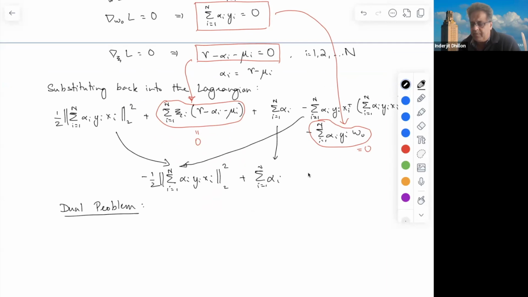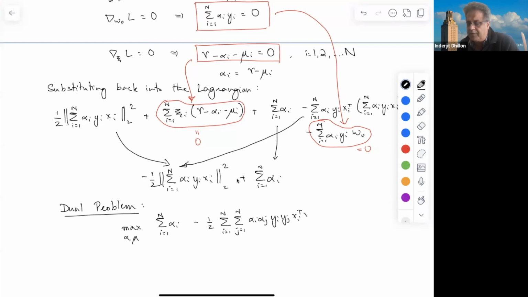And the dual problem then becomes, remember now I'm going to maximize with respect to my dual variables. What are my dual variables? They are alpha and mu. And so I have summation of alpha I, I equals 1 through n. I'm just copying it from here. Minus 1/2 summation of, I can write it in expanded form like I did before, alpha I, alpha j, yi, yj, xi transpose, xj.